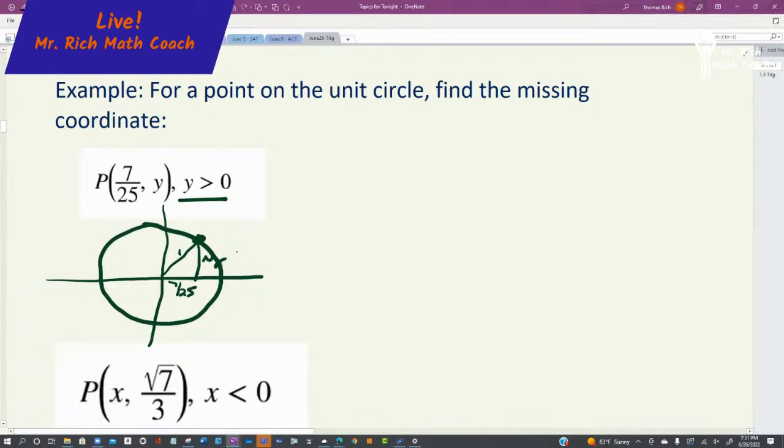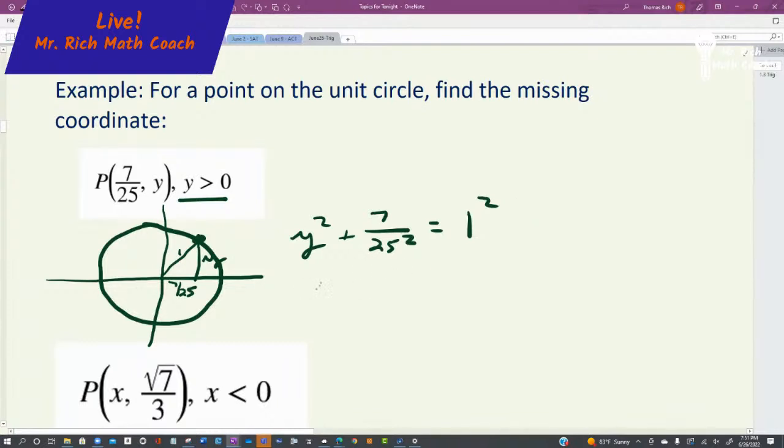Well, a couple of ways I could do it, but I'm just going to go ahead and use the Pythagorean theorem, because I know that this would be y squared plus 7/25 squared would have to be equal to 1 squared. All right, so what would that mean?